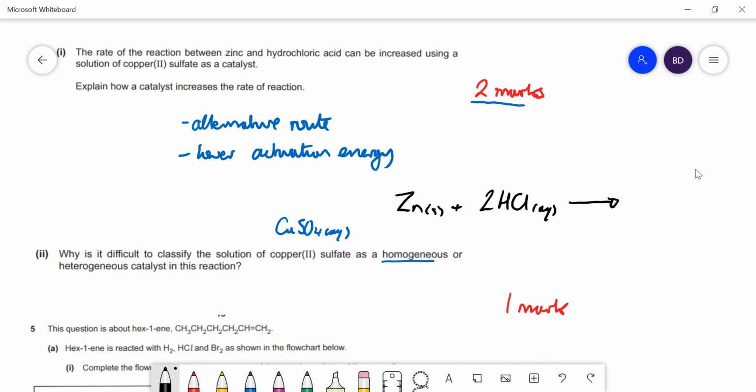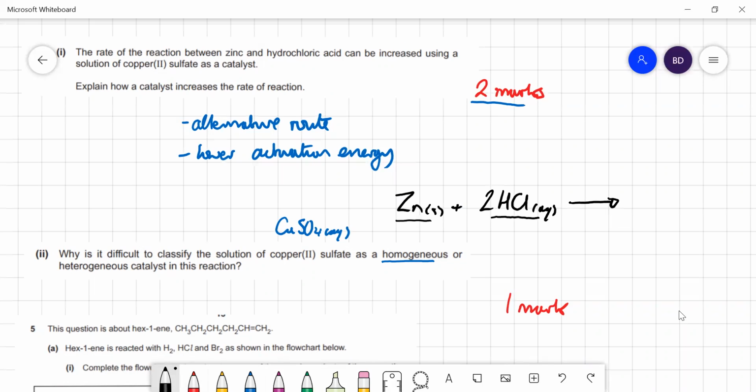Well, you could say it was homogeneous because it's in aqueous solution, like the hydrochloric acid, or you could say it's not homogeneous, it's heterogeneous because it is a solution and you've got zinc, which is of course a solid in a different phase. So that's all they're asking you there, 1 mark.